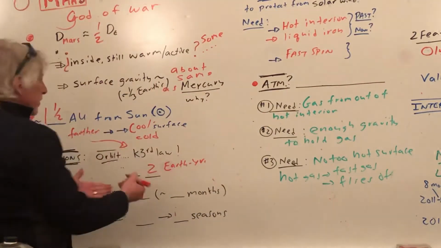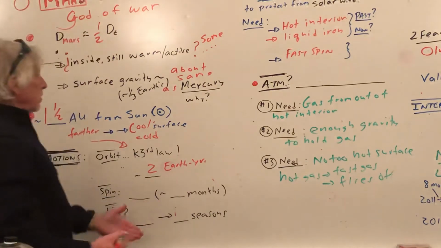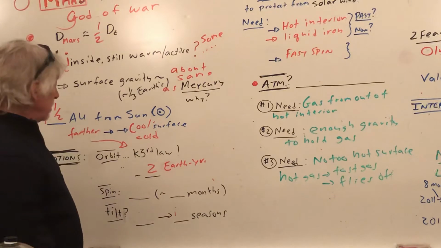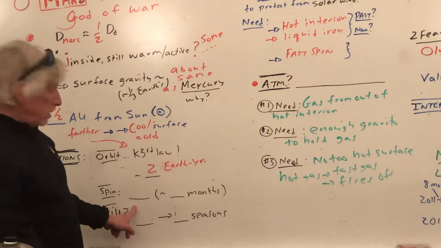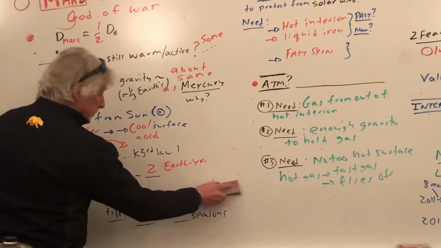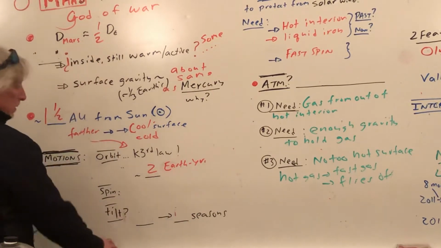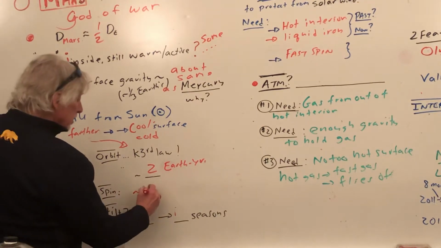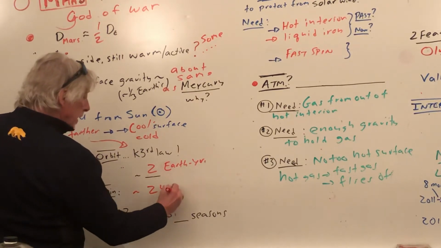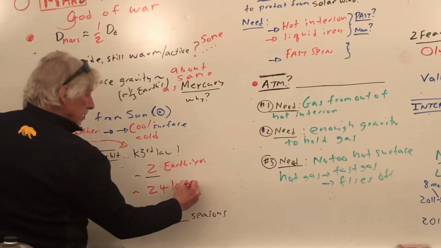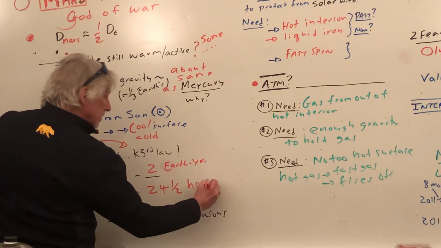What would it be like living on Mars? You could jump higher without a spacesuit, but you've got to have a spacesuit when you go outside. It's not months. Mars spins in about 24 and a half hours.